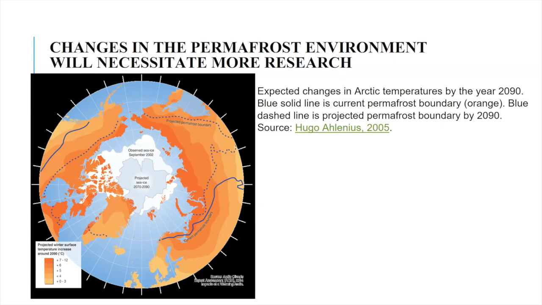As we know, climate change is actually opening many routes in the north. With the Arctic Circle and the Arctic temperature rising, it is expected that the projected permafrost boundaries and the ice sheet covering the sea will actually open, which will give trade routes a new way of crossing the Americas.